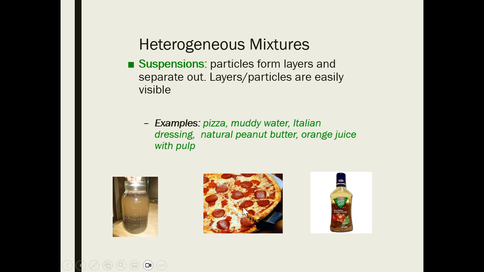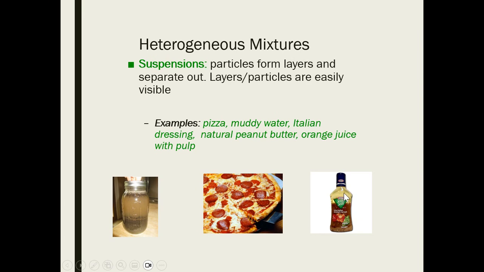Pizza is also a suspension. You've got this layer of the pepperonis and the cheese and the layer of the crust, layer of the tomato sauce. Probably the one that's most recognized is Italian dressing. Italian dressing, when you get it, you can see its layers.